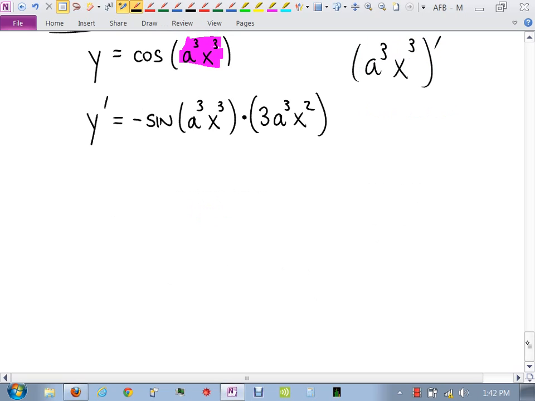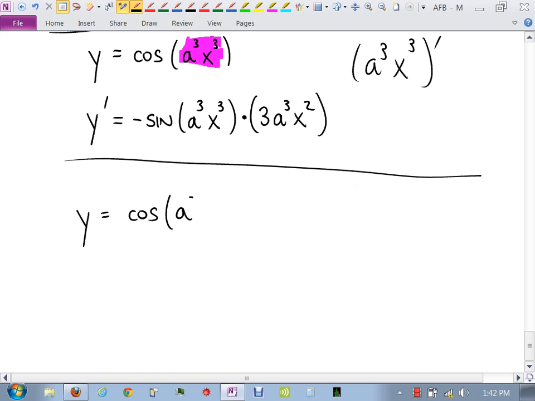Let me see if you really get this or not. What about if y equals cosine of a cubed? What's y prime? The whole answer is 0.